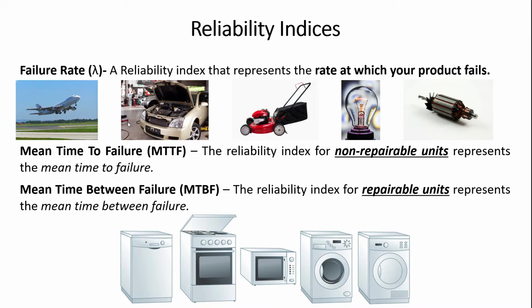And so when we're talking about a repairable item, if you produce a repairable item, the metric that you're going to use is mean time between failure. In fact, and I'll show you this on a future slide, these two indices are identical to each other in every single way, except for this one distinction between non-repairable and repairable units. So in your mind, I want you to think of these two indices as very much identical.